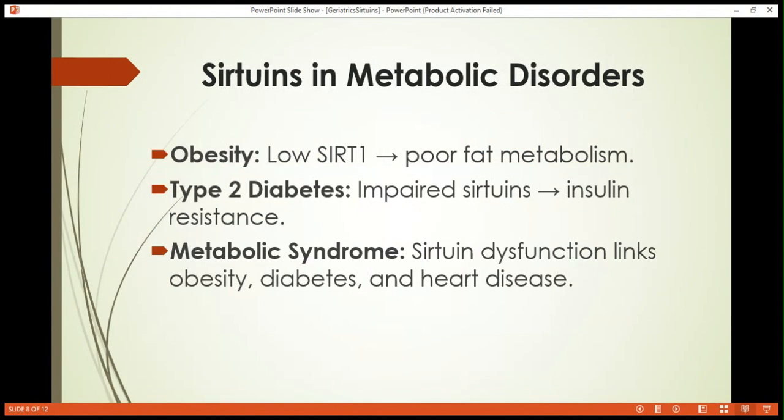So these Sirtuins also play a major role in metabolic disorders.